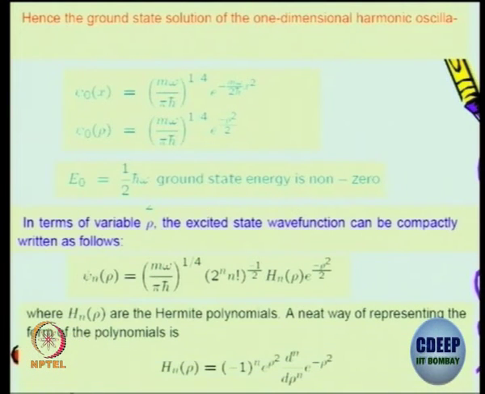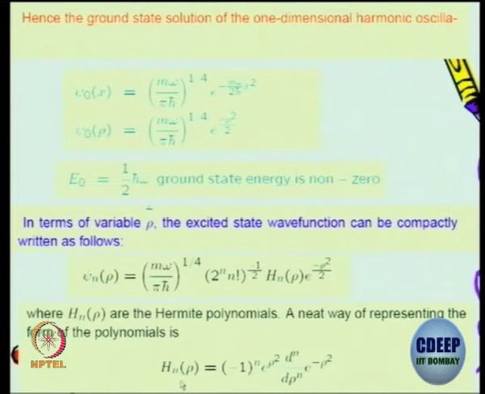So, there is a neat formula which is called the Rodrigues formula. I don't know whether you have seen it in your math course. If you have not seen it, there is no need to memorize Hn of rho, but you could do this systematically by working out the nth derivative operator on e to the minus rho square. So, for n equal to 0, this derivative operator is not there, you get directly 1.